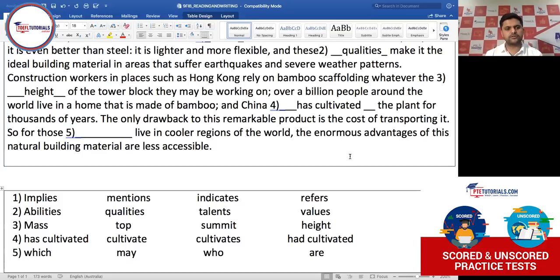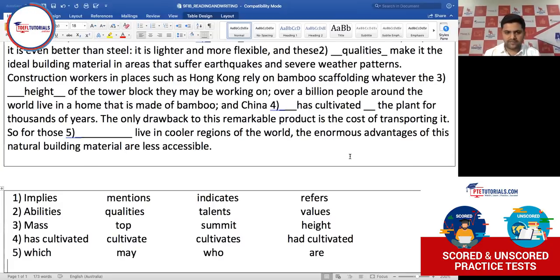So what are the options? For those which live, those may live, those who live, and those are live. Now we need a relative pronoun for this word, and no other word will make sense here except the word who. So for those who live in cooler regions of the world, because for people it must be who or that.